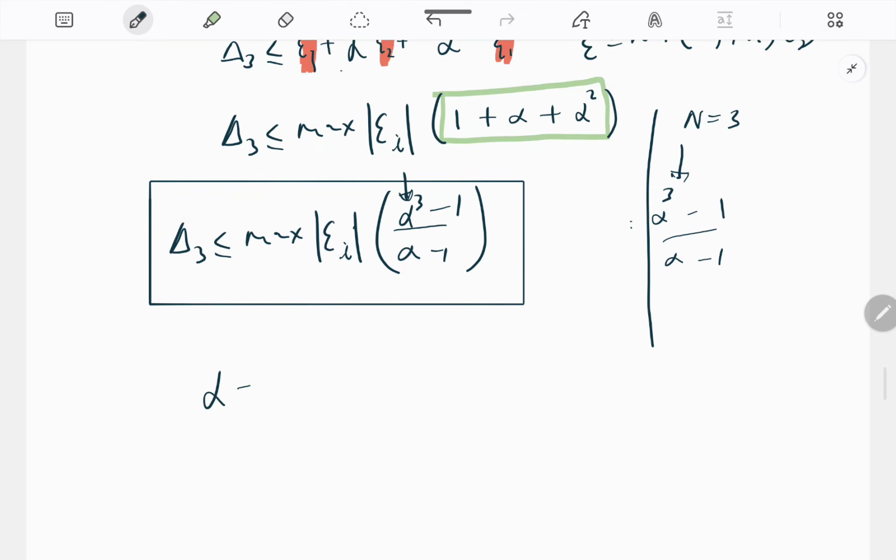We do know that alpha, the amplifying factor, is equal to 1 plus h times the max of f_y, as x varies from 0 to 0.3, right? This is the partial of f with respect to y.